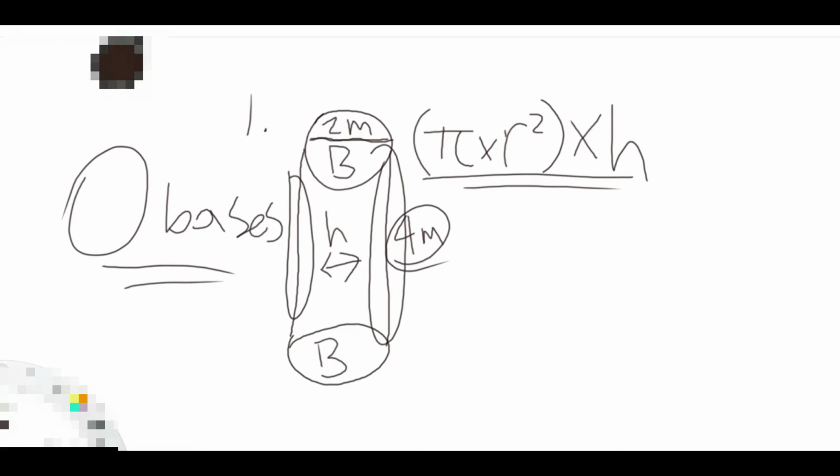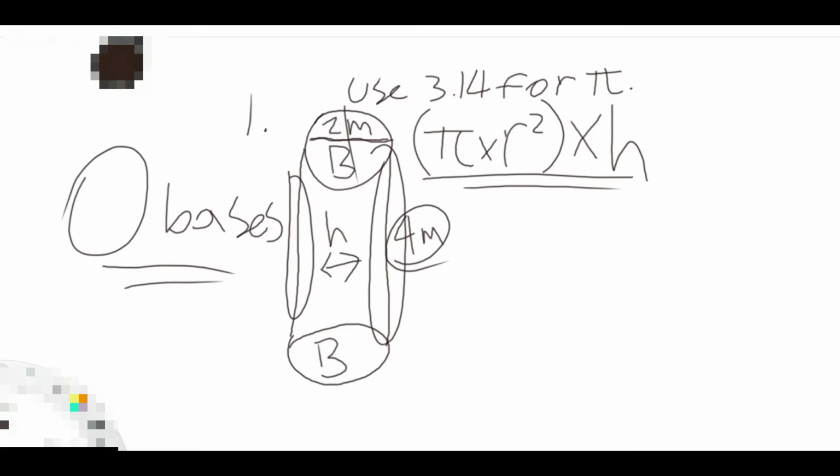Also, for this problem we're going to use 3.14 for pi. Next step, this is the diameter of the circle. The radius is half, so it's 1 meter.